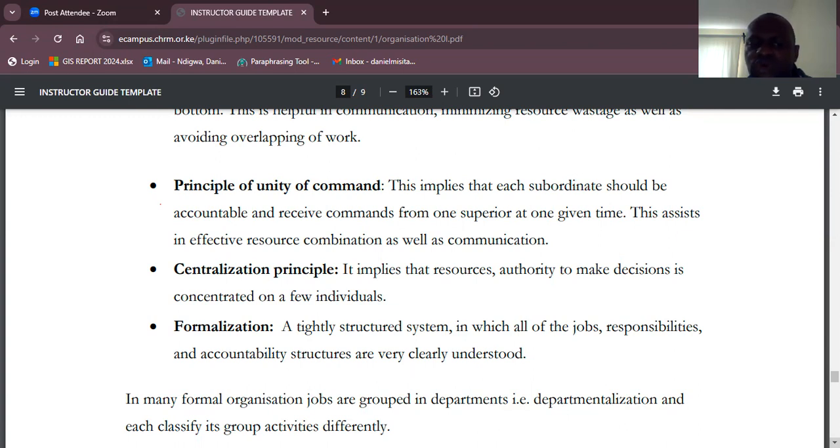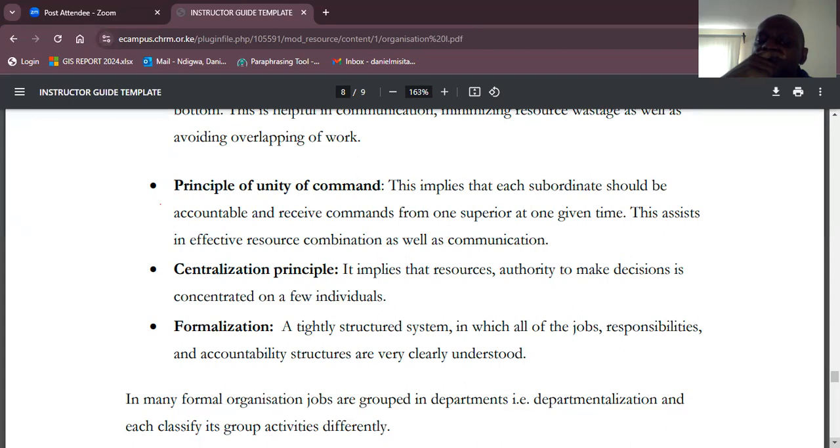Then we also have what is called the centralization principle. This normally implies resources and authority to make decisions in a more concentrated way, where a few individuals have been given the autonomy to make decisions for the whole team or the whole organization.